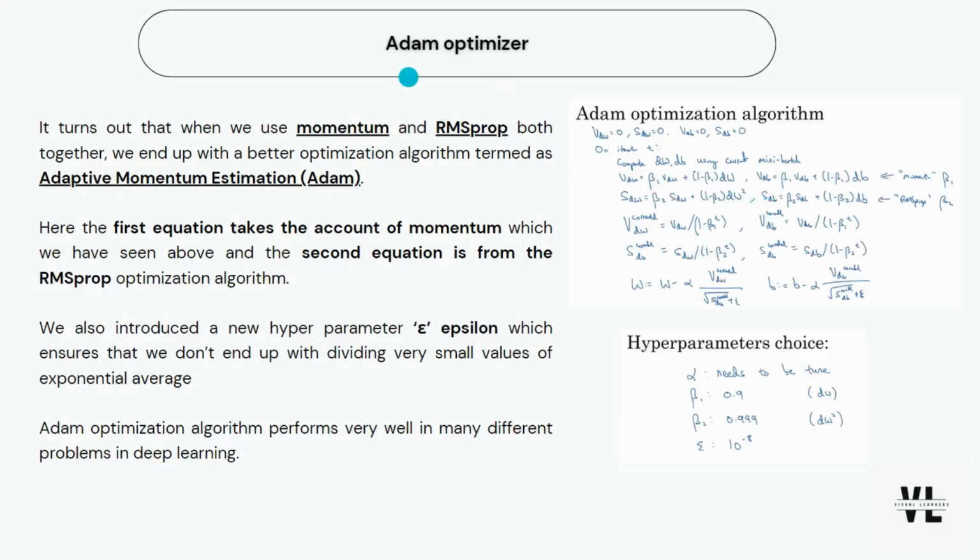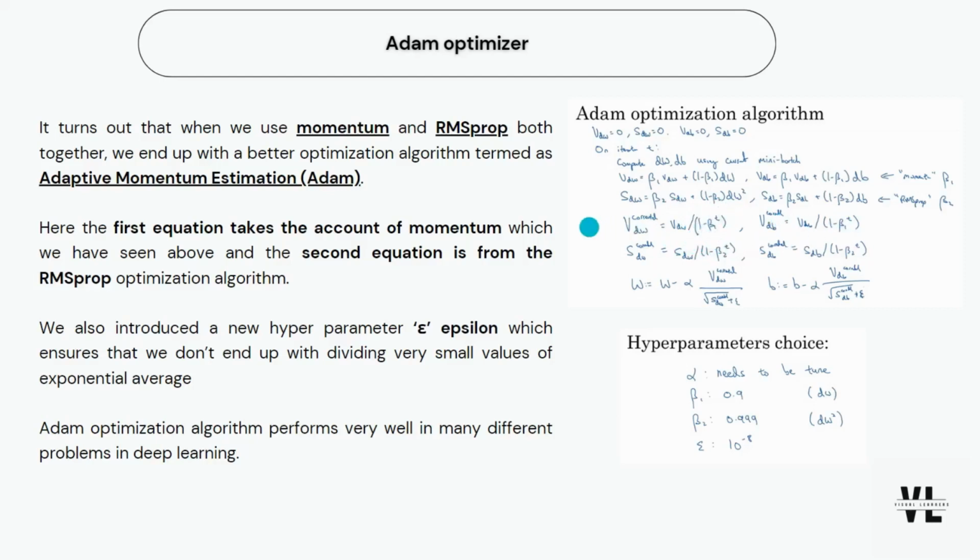Finally, here in Adam Optimizer, we need to use the concepts that we learned from bias correction. So in gradient descent with momentum, we've seen that we don't need the bias correction. But here, after we computed VDW and VDB, we need to correct them by dividing them by 1 minus beta to the power of t.